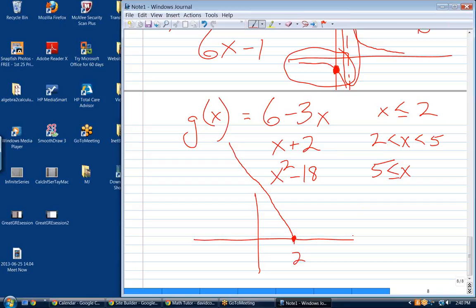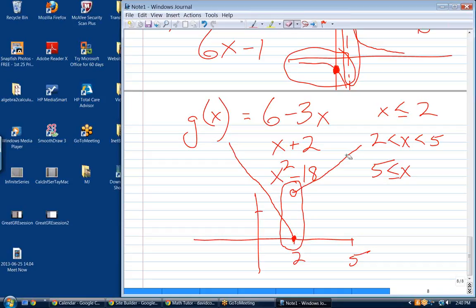Then from 2 to 5, it's x plus 2, which has a slope of 1 with an open dot there. Notice the discontinuity. Then if I see what's happening at 5, well, this one is going to be 7. This one's going to be 7.